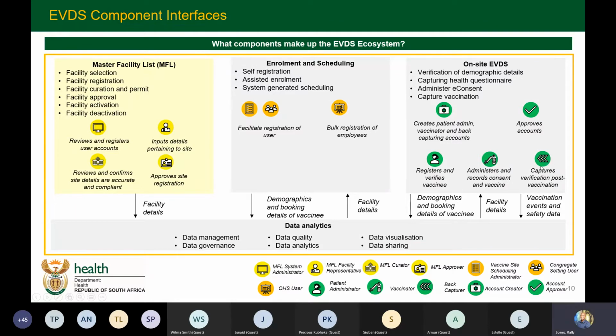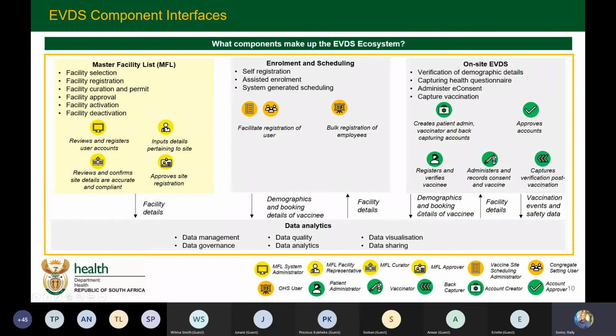The back capturer, which then captures the verification of the vaccination after the vaccination has taken place, and we will get more into depth as to what this role entails. But largely this component, as you can see, colleagues, is that it pulls data such as the facility details from the data analytics that it would have gotten from the MFL.